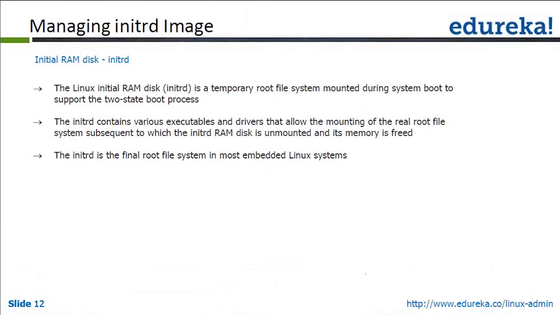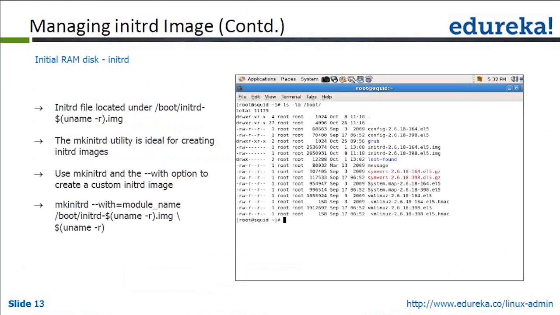If you remember, we modified the grub line on the grub page when you start your system, and there we logged into the single user mode. That is your temporary root file system, wherein we can change the root password. That is the init RD image that would get loaded into your system.